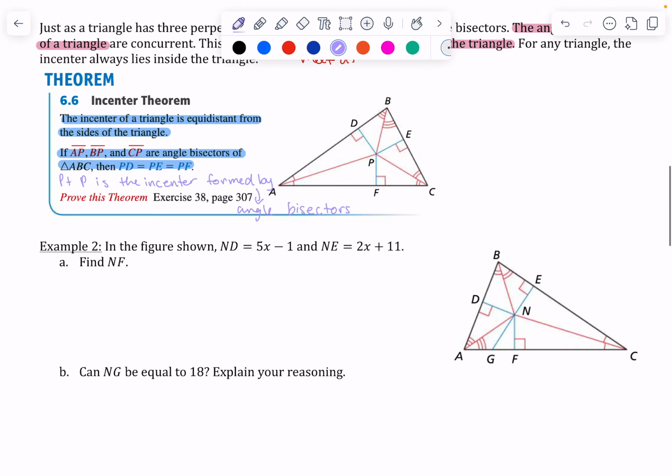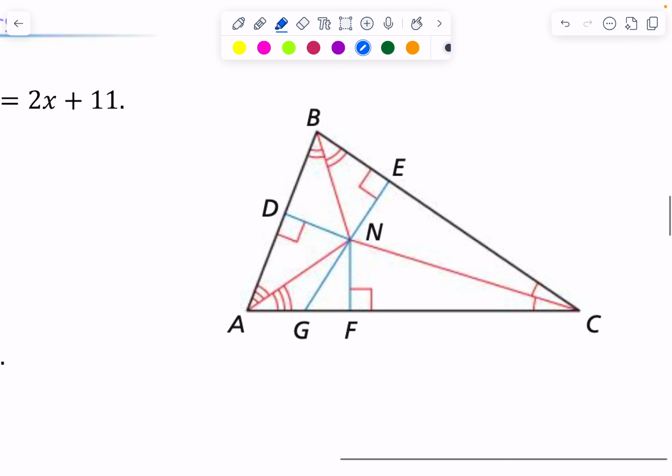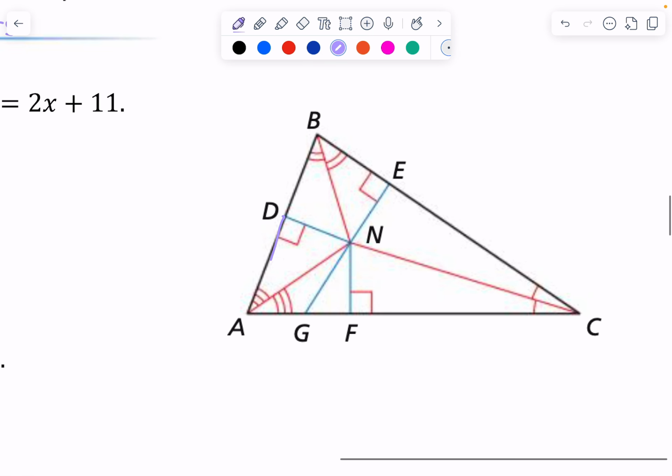All right, in the figure shown, ND, so this segment right here, is equal to 5x minus 1, and NE is equal to 2x plus 11. Find NF. Okay, well, if we look at this picture, what do we know? Based on the markings, we know that this angle is being cut in half.